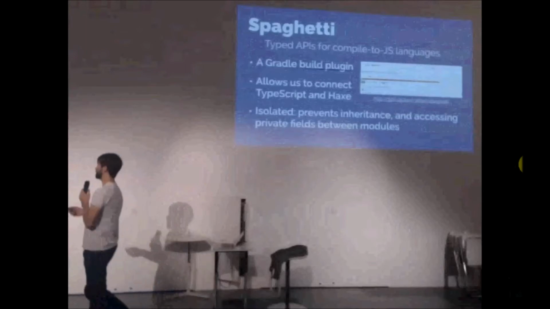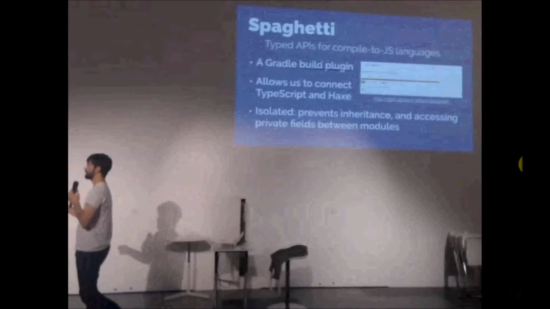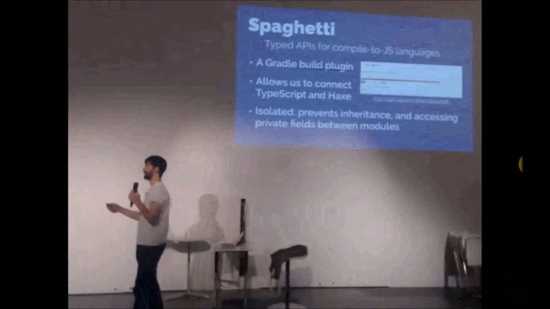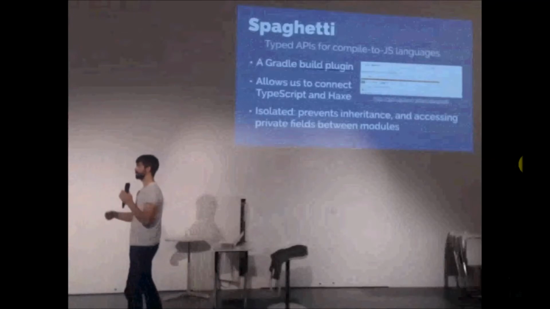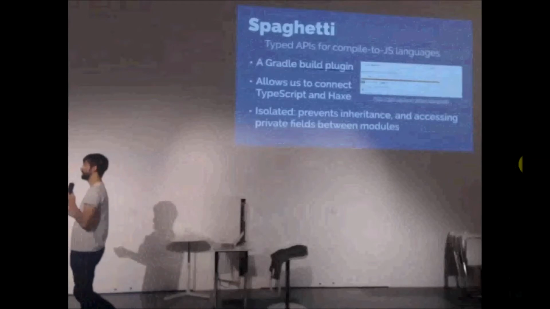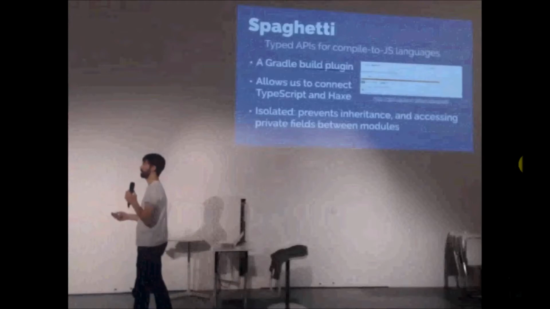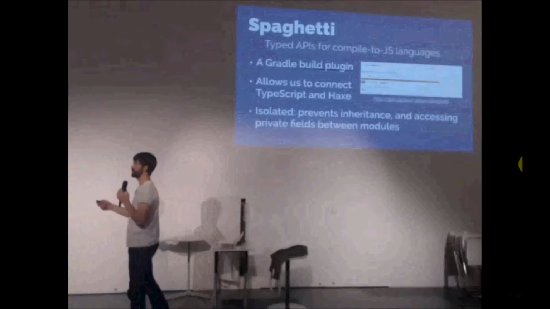That means you cannot inherit across these module boundaries. You cannot access the private fields because each file is obfuscated separately and the names will change. So it really prevents us from mixing our different JavaScript code and depending on the internal implementation details of some other team.